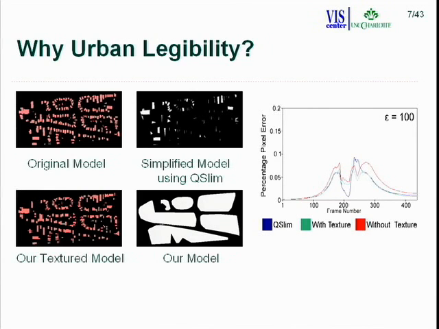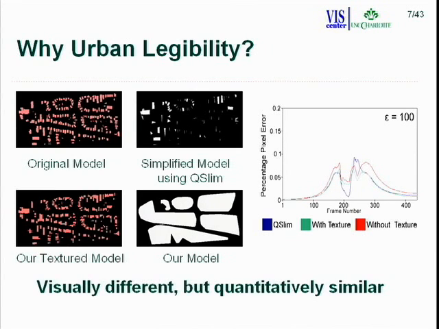It's actually really interesting that when we take these four models and put them in a fly-through scene, just a test scenario, and measure how many pixels are different from the original model, this is the graph that we get. You don't have to look at it carefully, but the important thing I'm picking out is that all these models end up with very, very similar differences in terms of pixel errors.